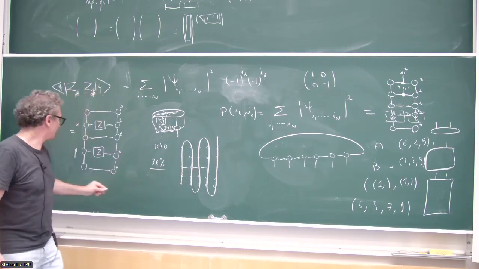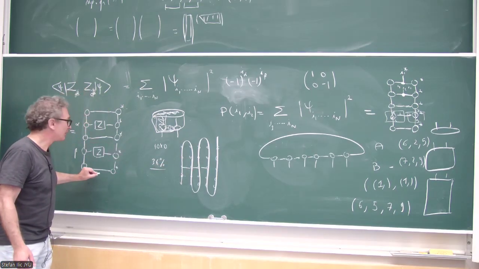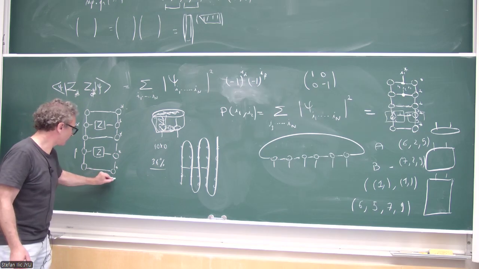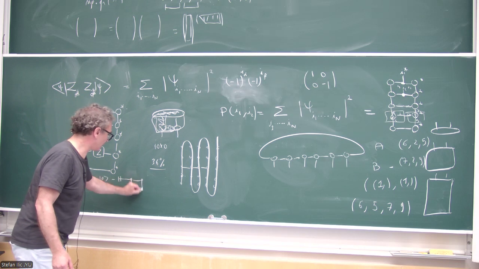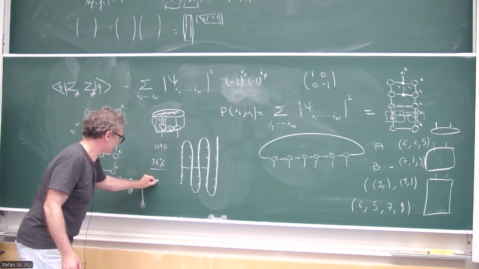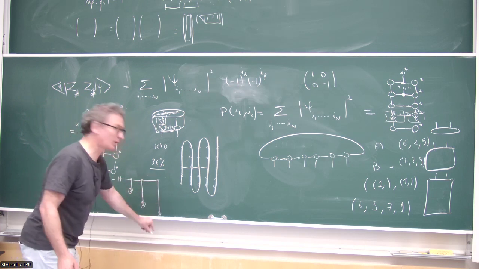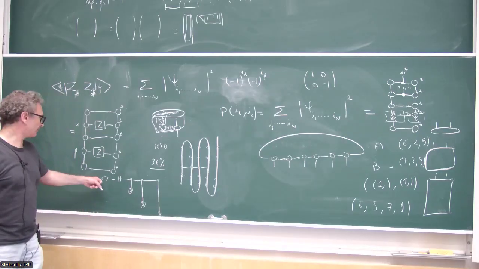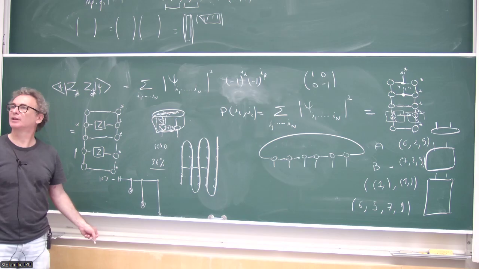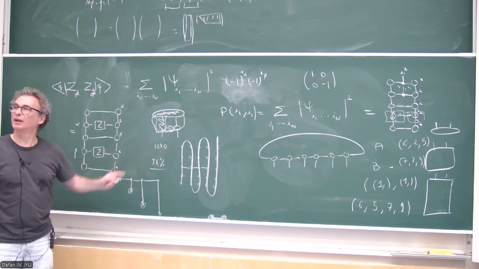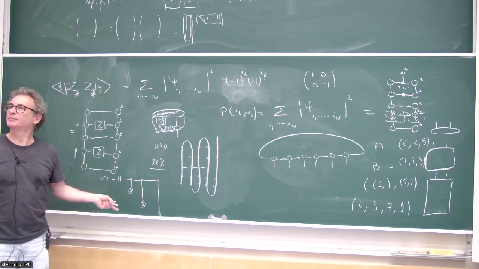For instance, we have this circuit for GHZ. Remember, you have the Hadamard, and then I have this control node, and so on. It means that I am capable of doing the control node with all the other qubits. But in practice, it won't be the case on a particular quantum computer. So I need to do something about it.